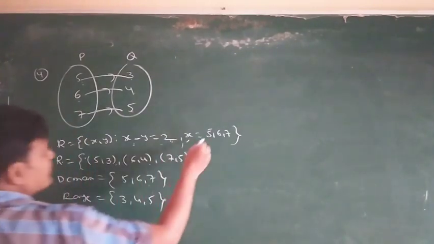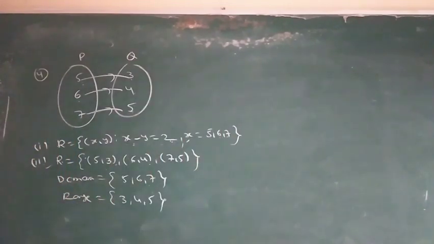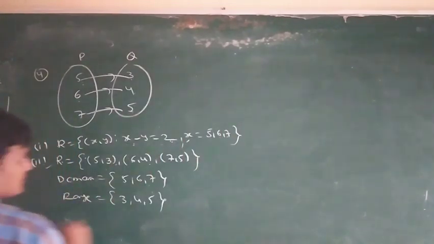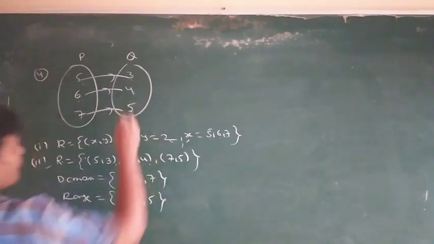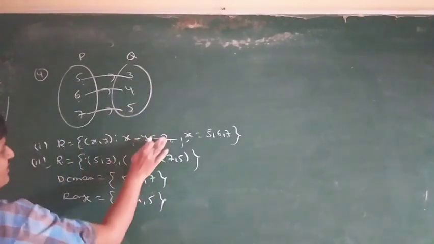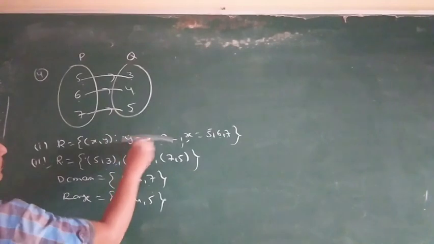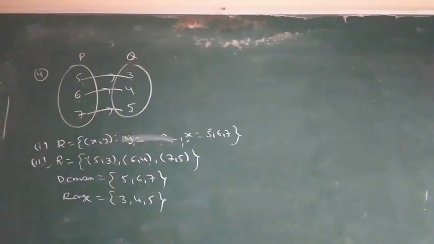So what is x? x is equal to 5, 6, 7 and y is equal to 3, 4, 5, where x minus y is equal to 2.